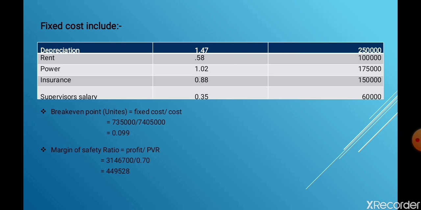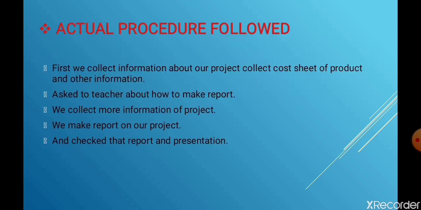Then we calculate the margin of safety ratio: profit divided by PVR. In the previous slide we got the PVR, and in the cost sheet we have the profit, so we calculate from that and get the margin of safety ratio. Next is the actual process I followed.